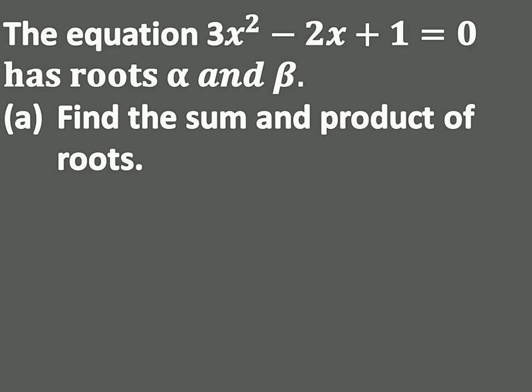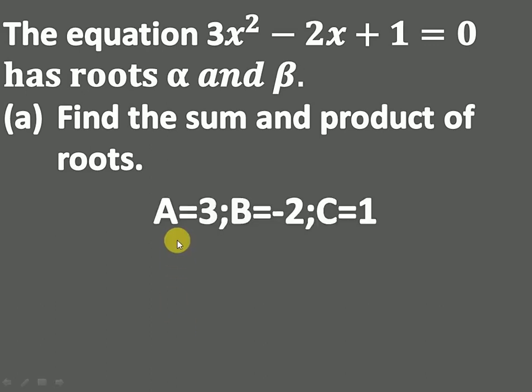The question didn't tell us, so let's define them on our own. Now, a is the coefficient of x squared, b the coefficient of x, and c your constant term, leaving me to conclude the following. A is 3, b is negative 2, and c, your constant term, is 1. Now, we can start on the question.